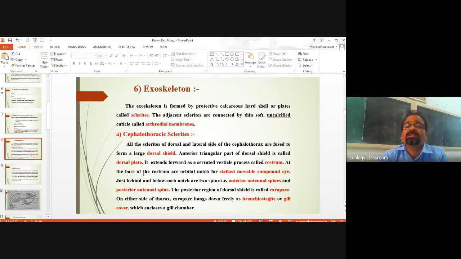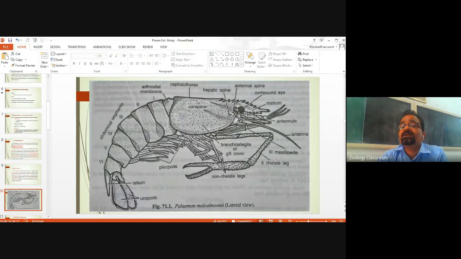At the base of the rostrum are orbital notches for the stalked movable compound eye. If you remove the eye, you see a socket, a notch. In that notch, this white part is the stalk and this is the compound eye. It is movable, can be stretched out and withdrawn in. Such type of compound eye is present. But what is the difference between the compound eye of cockroach and compound eye of prawn? What difference do you notice?